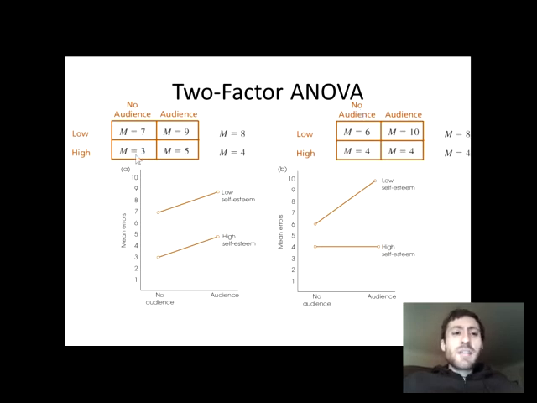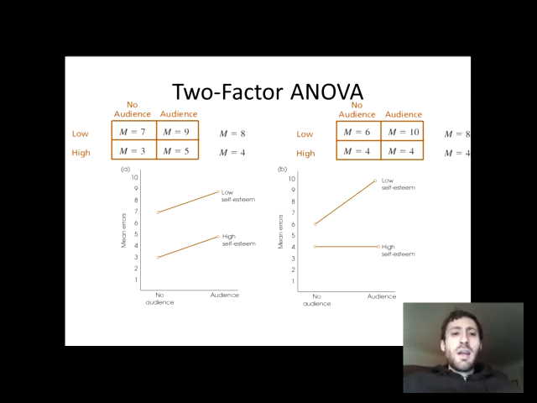Basically, in summary, you had people with low self-esteem or high self-esteem, and you gave them some tests they had to take, which they would get a score on. But you also put those two groups in two other different situations. One, they might have an audience watching them, so somebody keeping an eye on them, or they just get to take some sort of test on their own, without anybody watching over their shoulder.